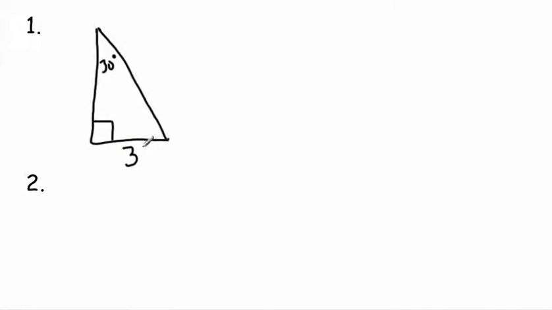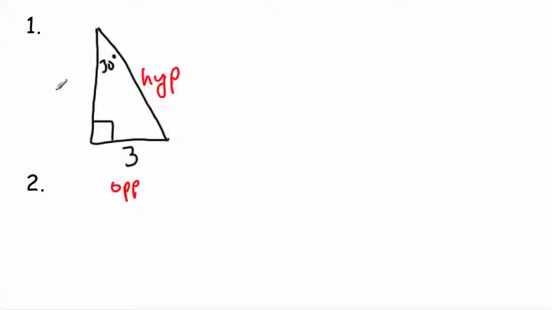So let's look at an example. We're going to stick with the same example just for fun, just so you can see that no matter which one you use, it depends on what you have. So if I want to use 30 degrees and I have 3 over here, I'm going to first label my triangle. This is going to be opposite. This is going to be hypotenuse.